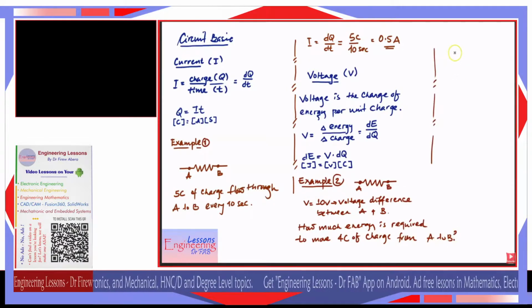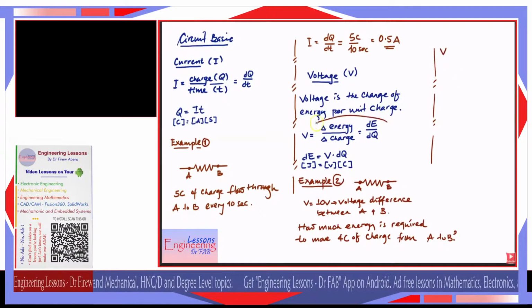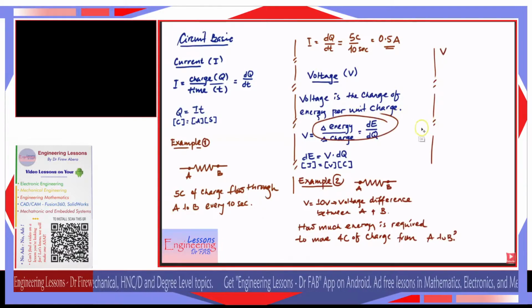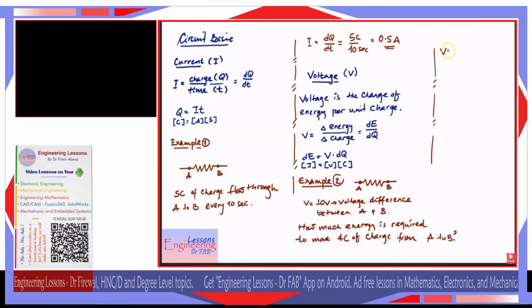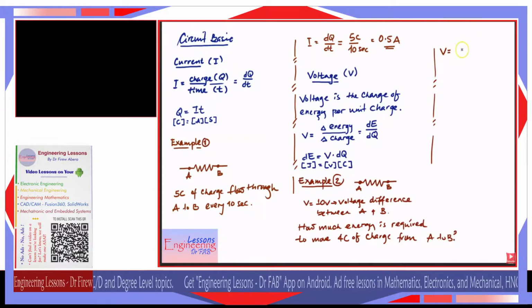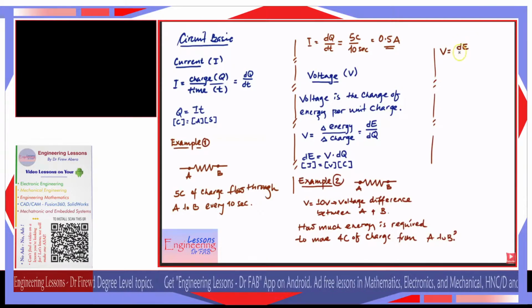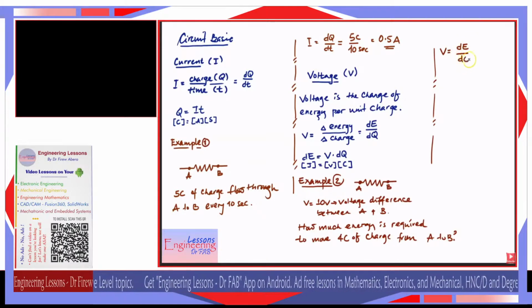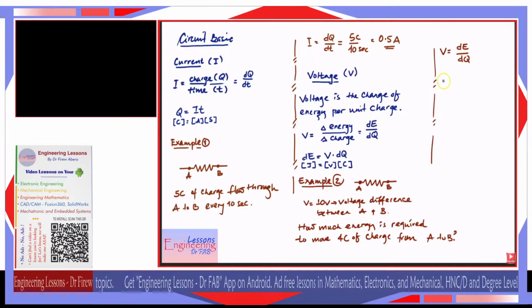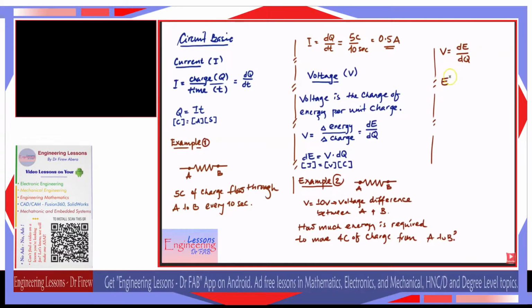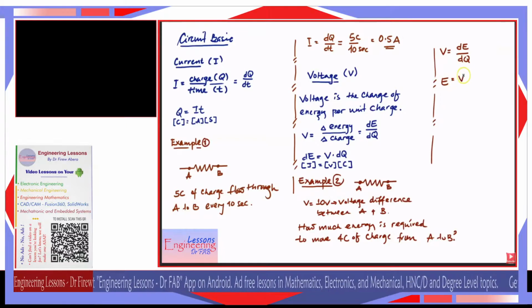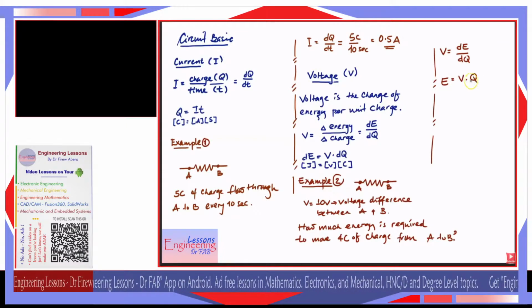So we require to calculate energy. Think about this relation. We know that voltage equals change of energy per change in coulomb. So from this, energy equals voltage times charge.